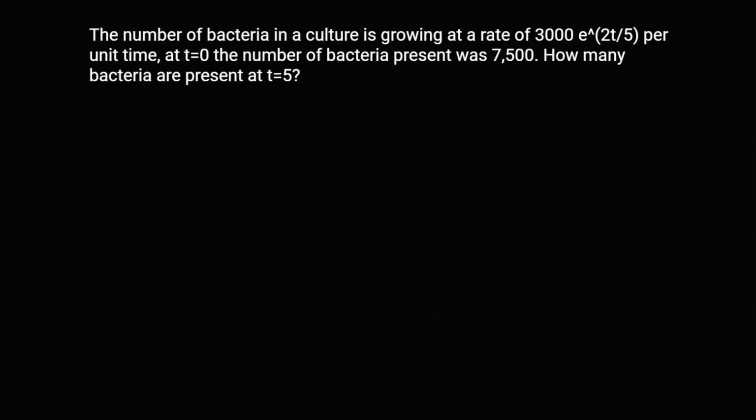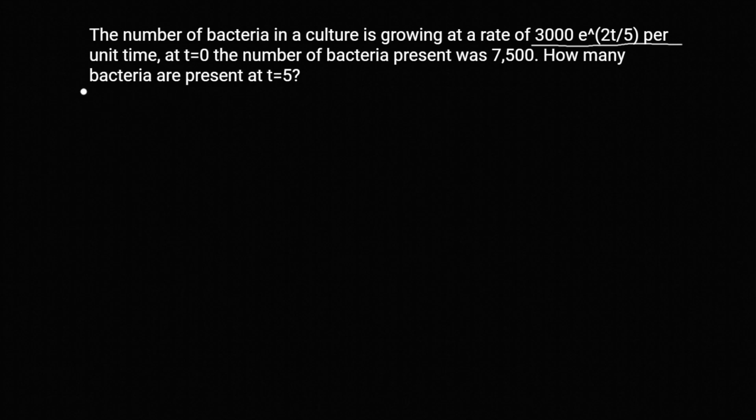Alright, so we have a word problem here. The number of bacteria in a culture is growing at a rate of this per unit time. So that's just like seconds, hours, whatever. It just doesn't say a unit. The number of bacteria present at t equals 0 is 7,500. How many bacteria are present at t equals 5?